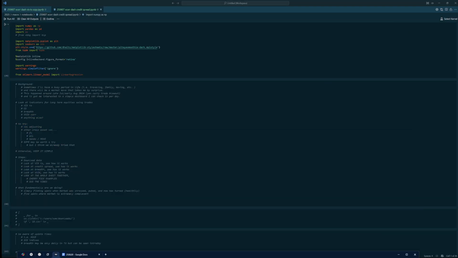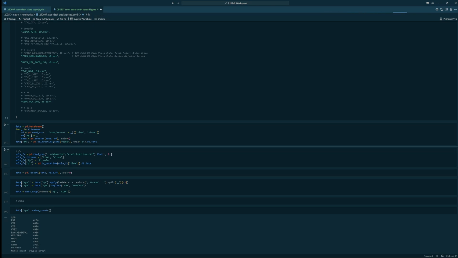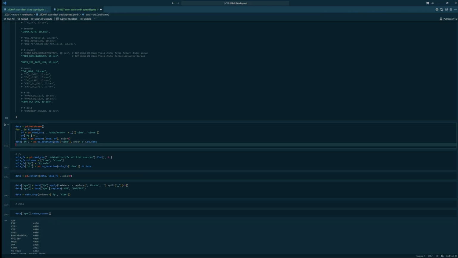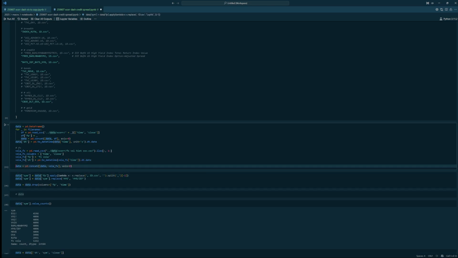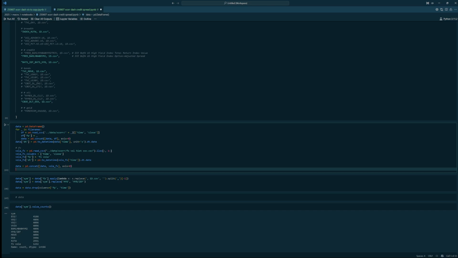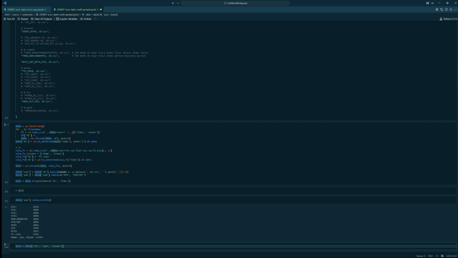Now I'll just bring that into here. This is a copy of the same notebook we were looking at last time. Same stuff. Looks like something changed.